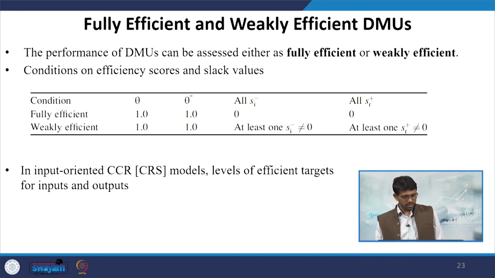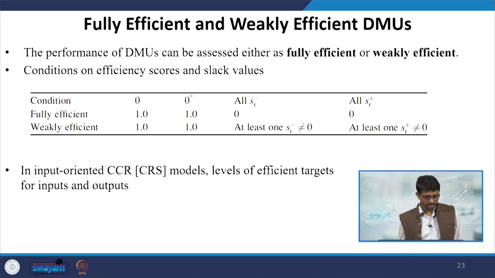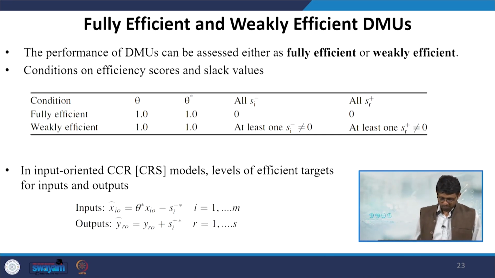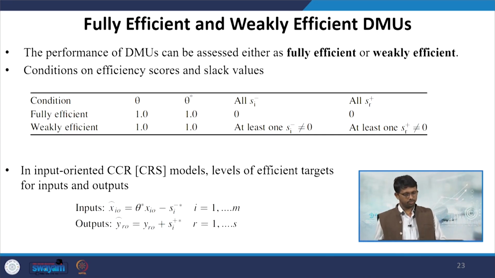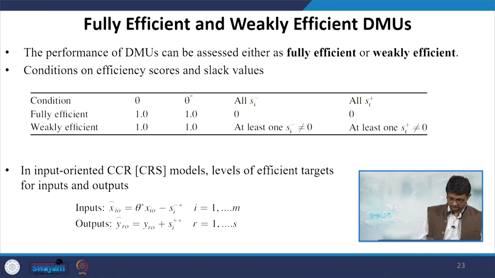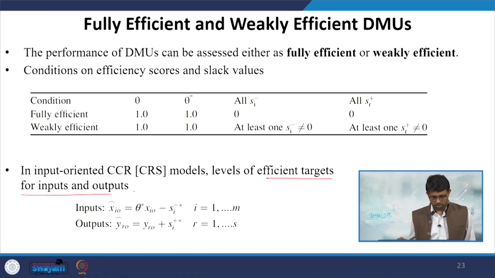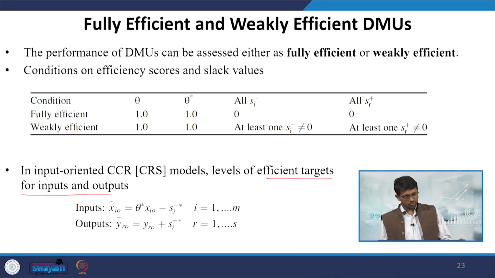In input oriented CCR models, the levels of efficient targets for inputs and outputs. So some targets have to be discussed: efficient targets for the inputs and outputs. As we already said, the target is from one level to another level. In the case of inputs, the target is to reduce from the efficient level by the slacks, the negative content should be reduced.